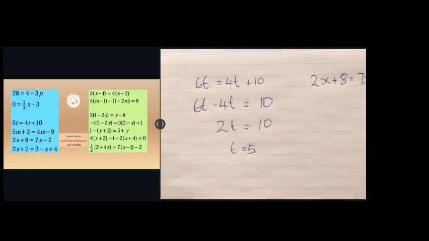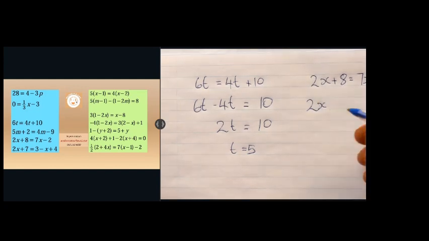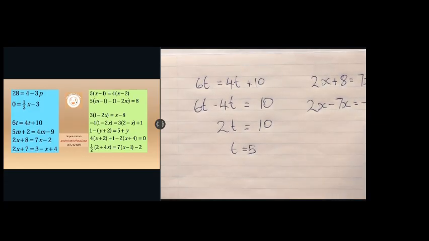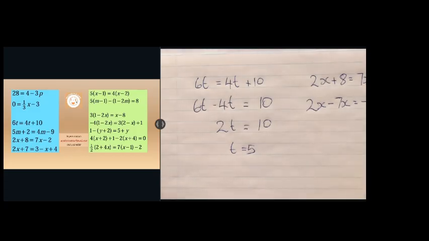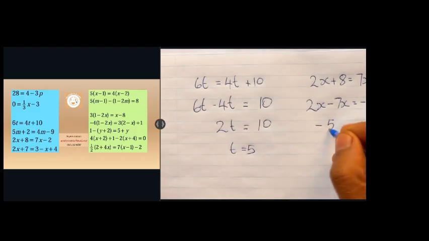What do they want me to do? They want me to bring all my variable terms one side, then all my numbers on the other side. You see what I've done? We now know in our eye of the mind.